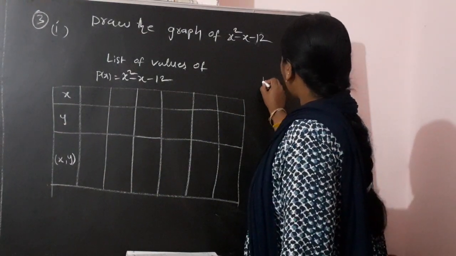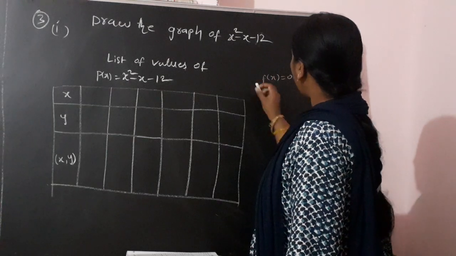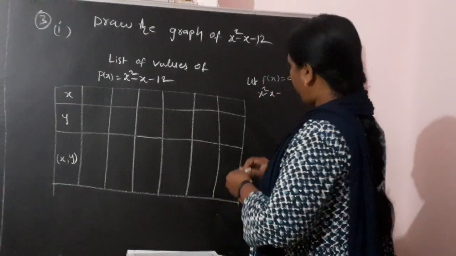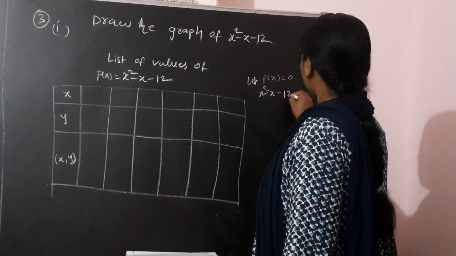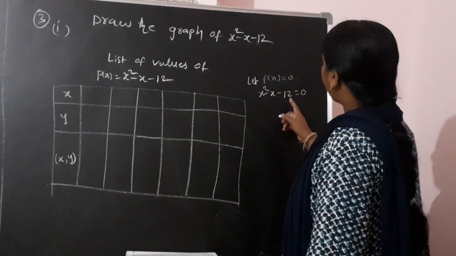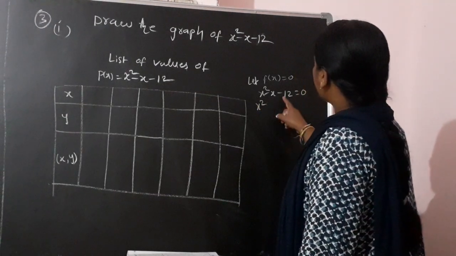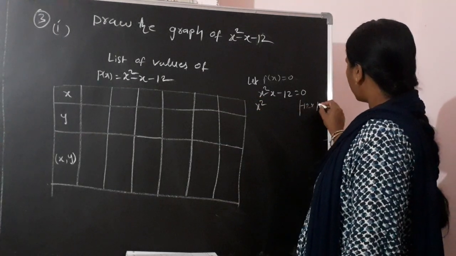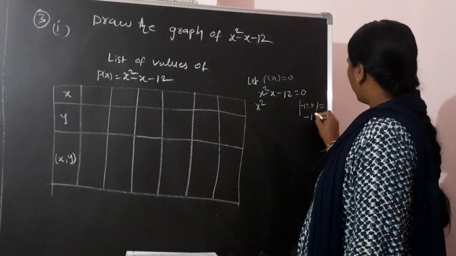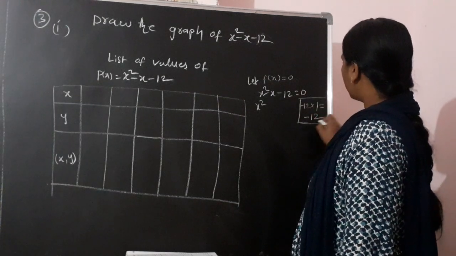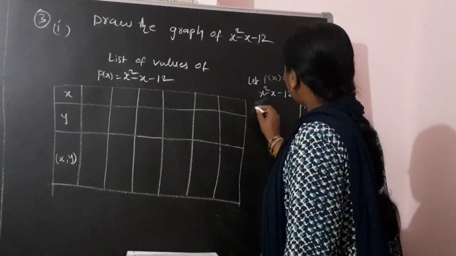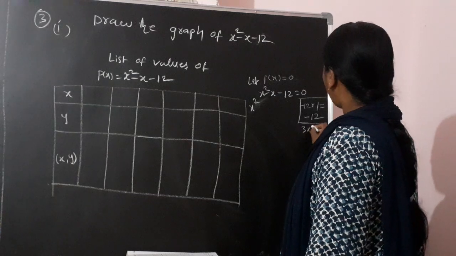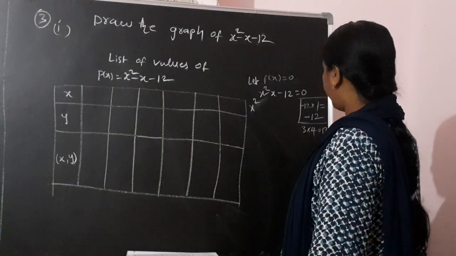Okay. So let p of x equal to 0. Whatever problem, you have to find zeros first. x square minus x minus 12 equal to 0. So what are the required factors? x square, constant minus 12 into x square coefficient 1, minus 12 into 1 is 12. Now the required factors are 3 and 4, which make 12.